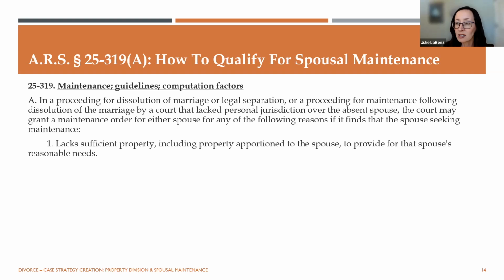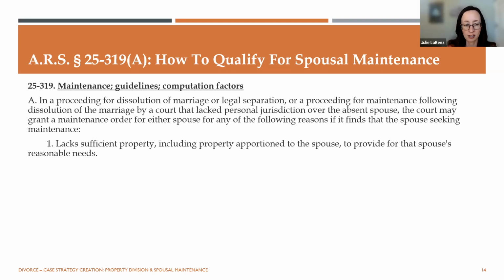Now, this looks straightforward, but kind of isn't, because what is sufficient property? What are reasonable needs? Those are very broad terms. In practice, what the court generally does is take this particular document called the Affidavit of Financial Information. It's a document that both spouses are required to fill out during the course of the divorce, and it details your income and expenses.